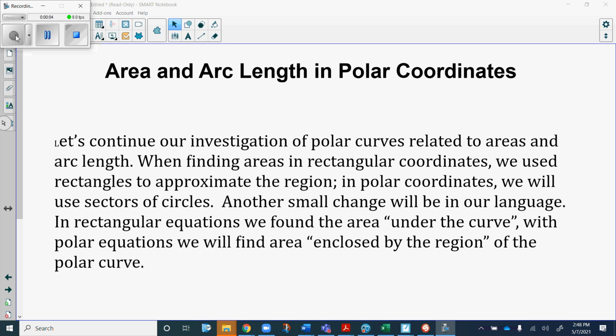In this video, we're going to take a look at how to determine the area and arc length of something in polar form rather than rectangular form.